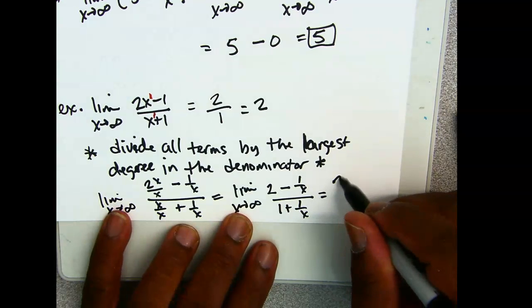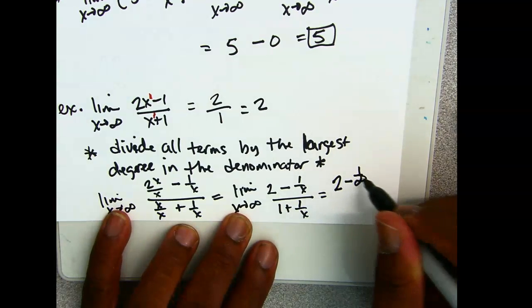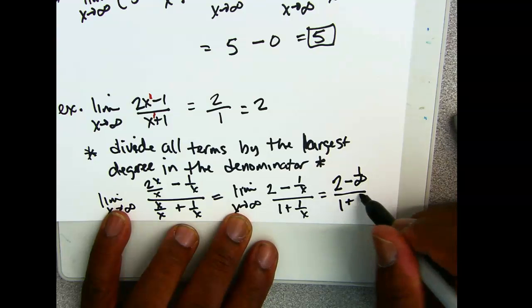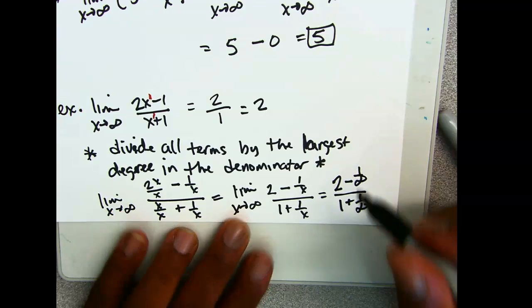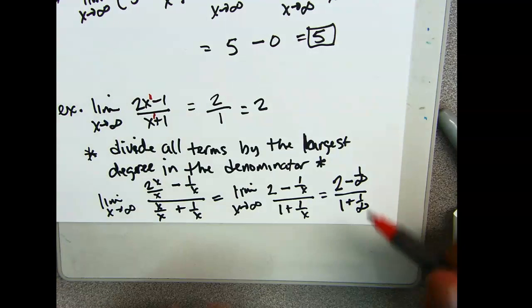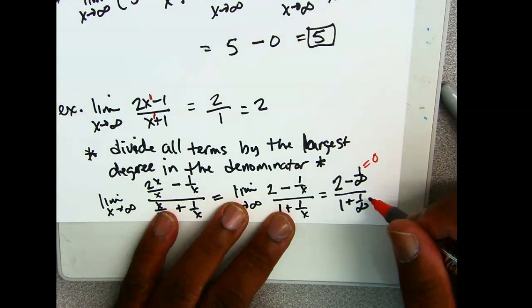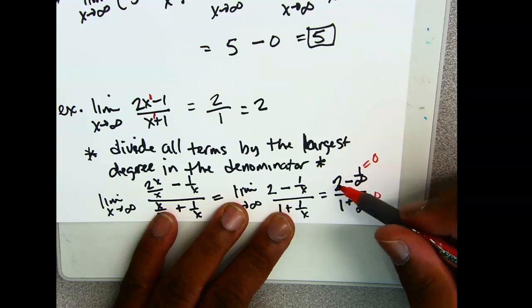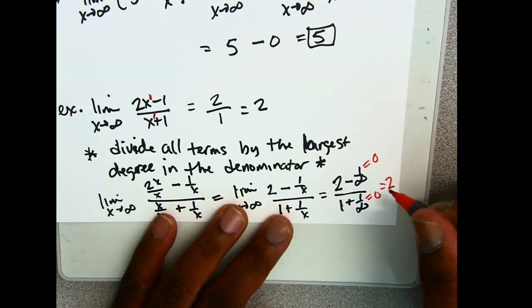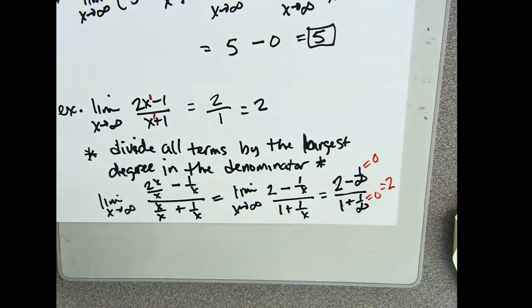So you'd end up with 2 minus 1 over infinity, 1 plus 1 over infinity, and 1 divided by infinity is 0, so you end up with 2 over 1, and our answer there would be 2.